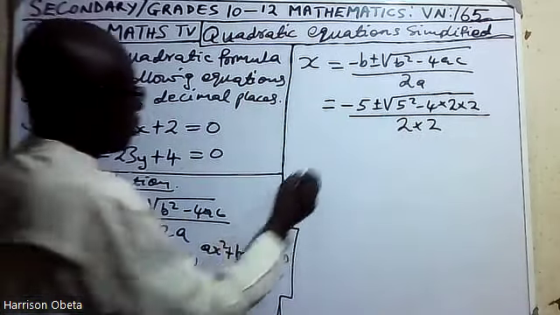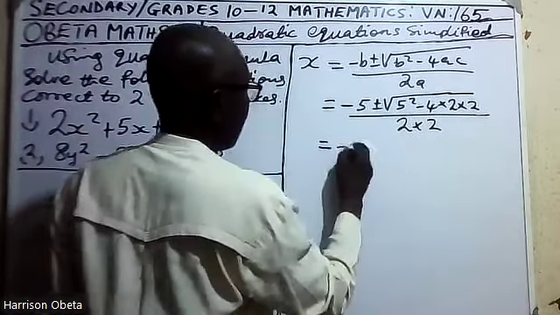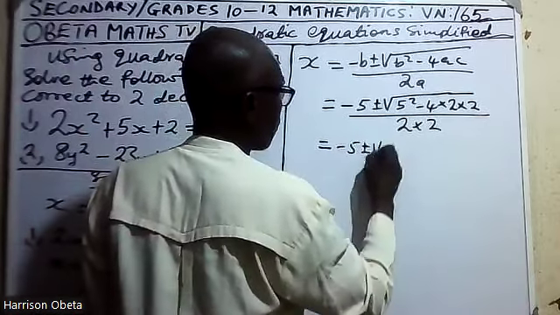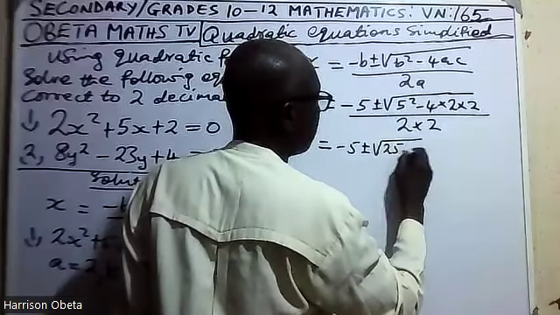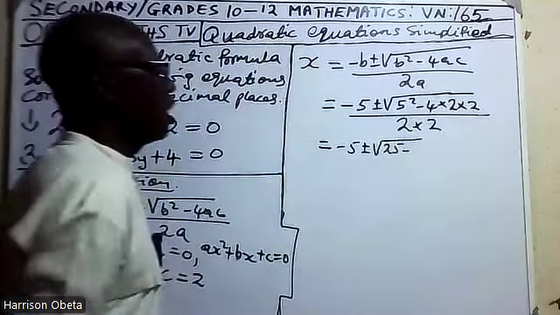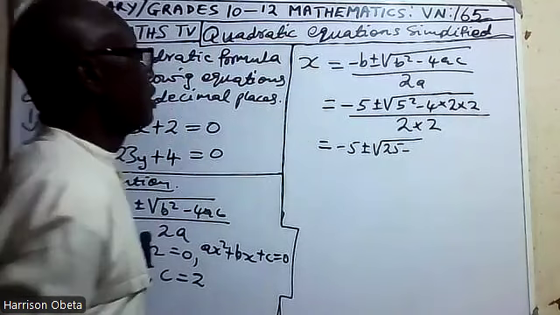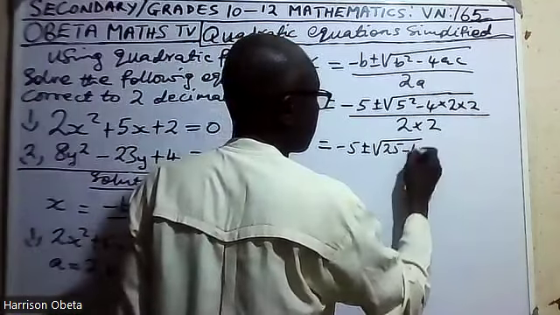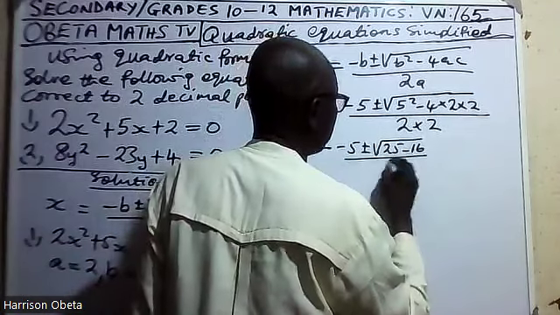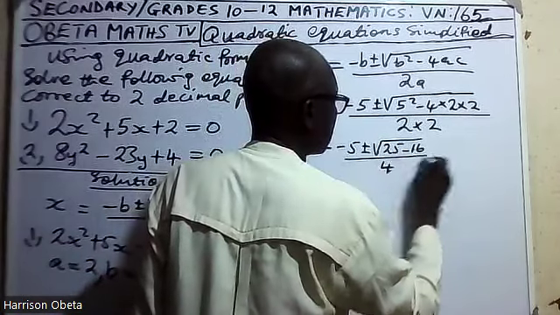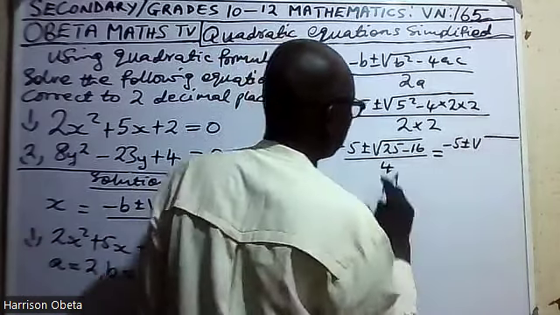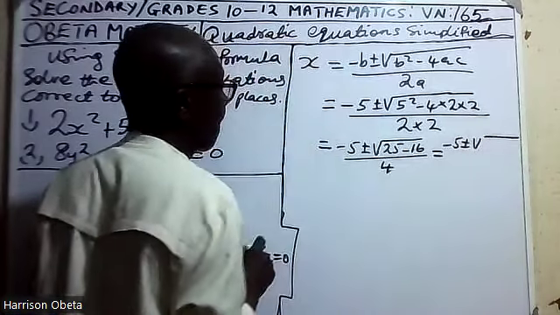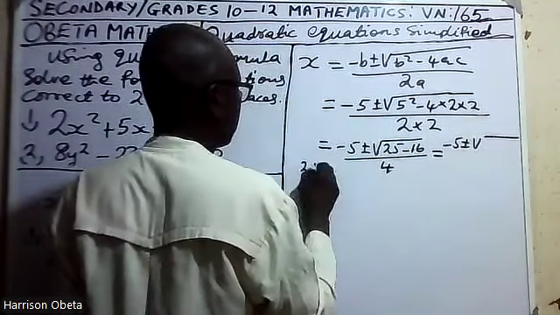Okay, so moving on, we have minus 5 plus or minus square root of 25 minus 4 times 2 is 8, times 2 is 16, all over 4.